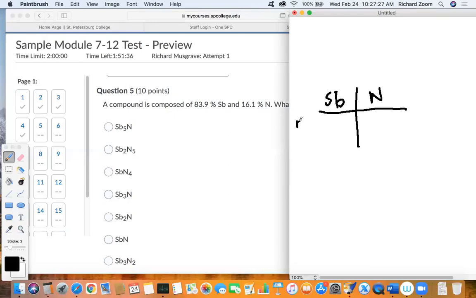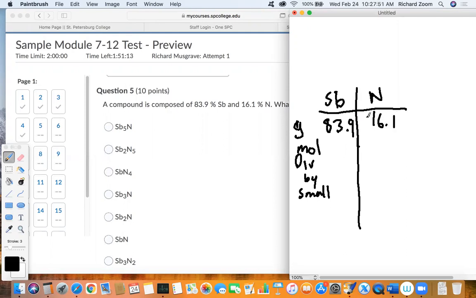I like to start here with grams and moles, and then divide by smallest. And we'll see where we go from there. The grams are going to be the same as the percentage, because we're going to assume 100 grams.